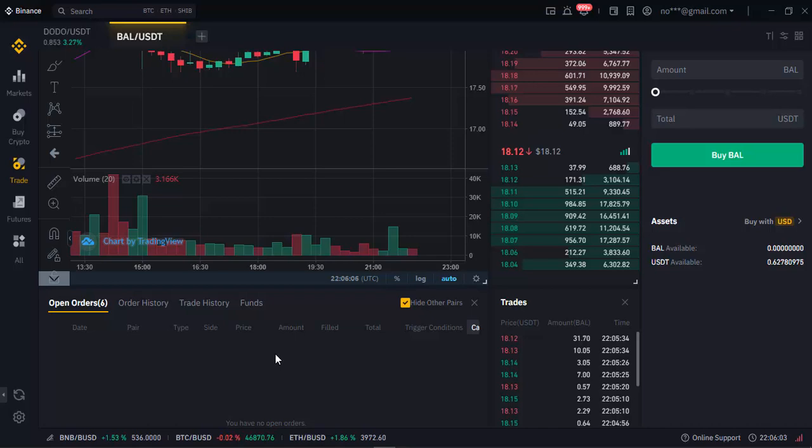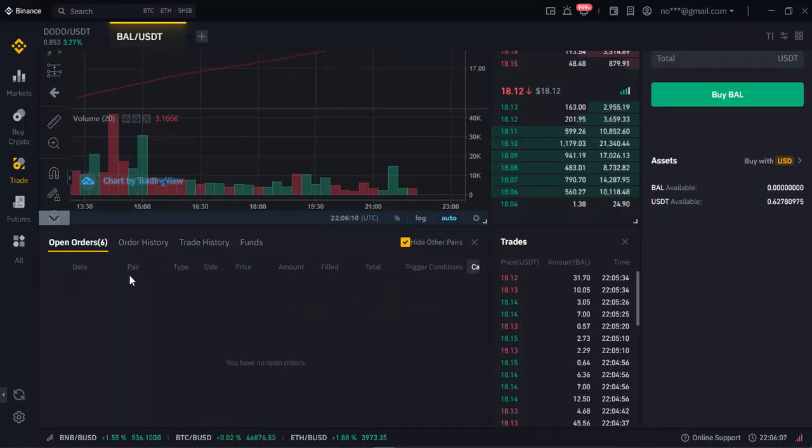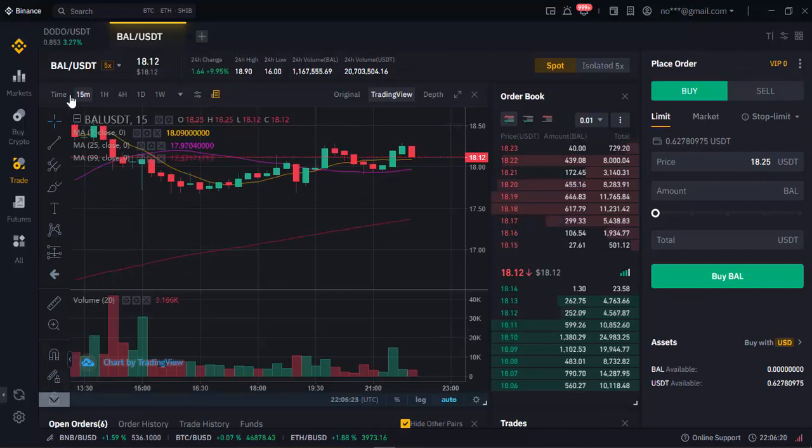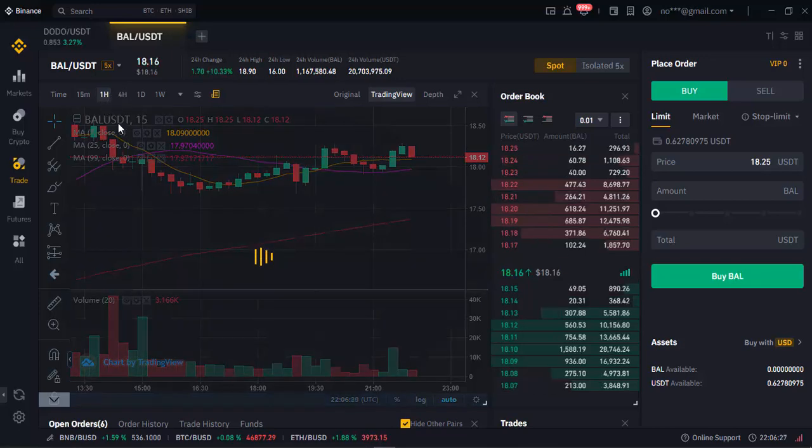Okay, so actually we have made a little profit from our trade here, and as you can see, the order we placed before is no longer here. So we're going to check the order detail. Let's check. We're pushing this chart back to 1 hour so we can see it clearly.